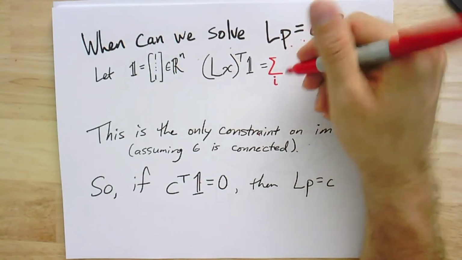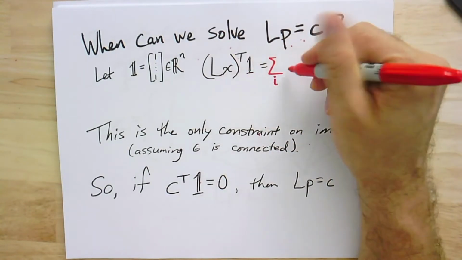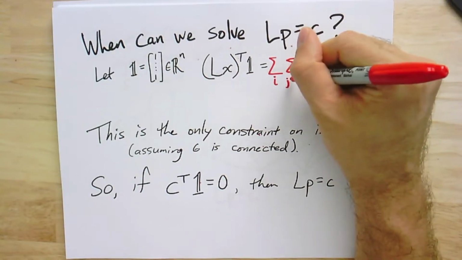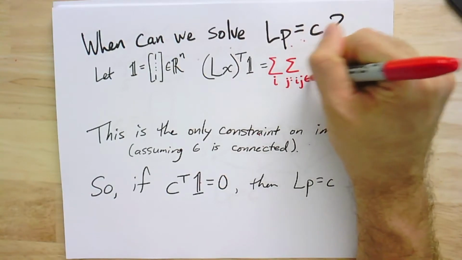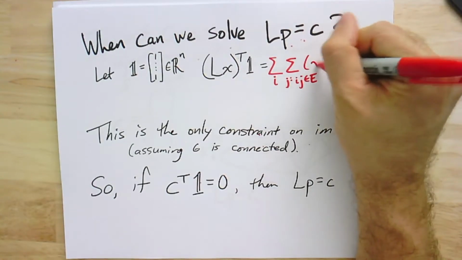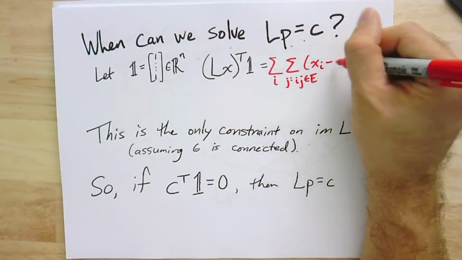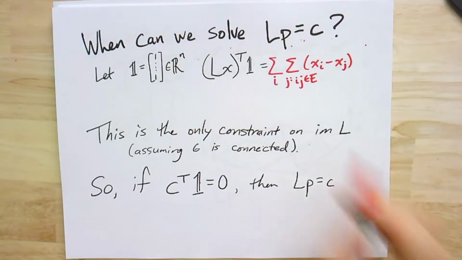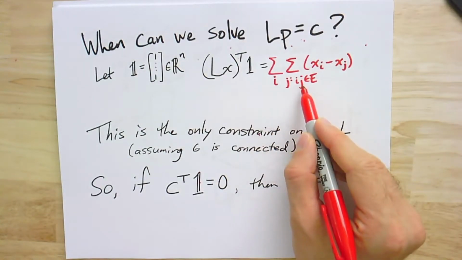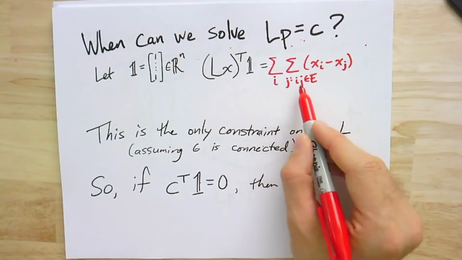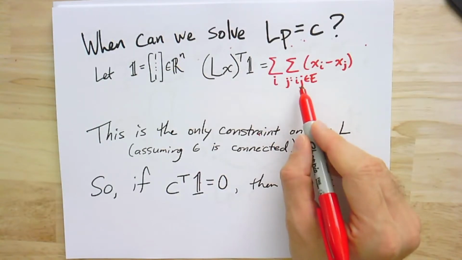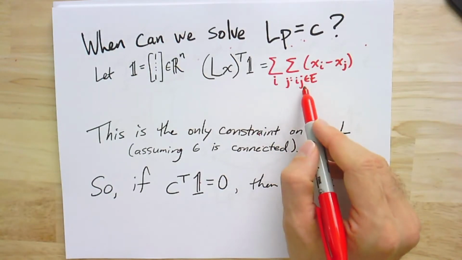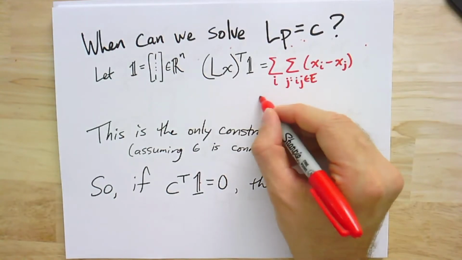So I can sum over all the elements, and the elements of Lx are each the sum over all j such that ij is an edge of the difference. These are the differences along the edges. But if you look at this sum, it's going to hit every edge exactly twice, once from the perspective of i and once from the perspective of j. That is, we're going to add it from both sides.